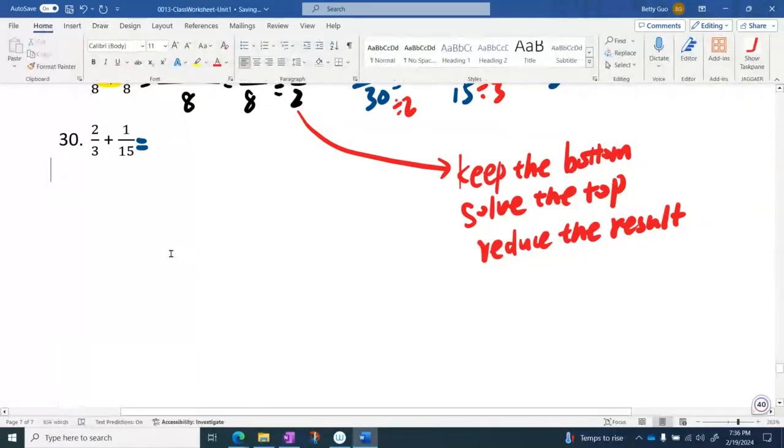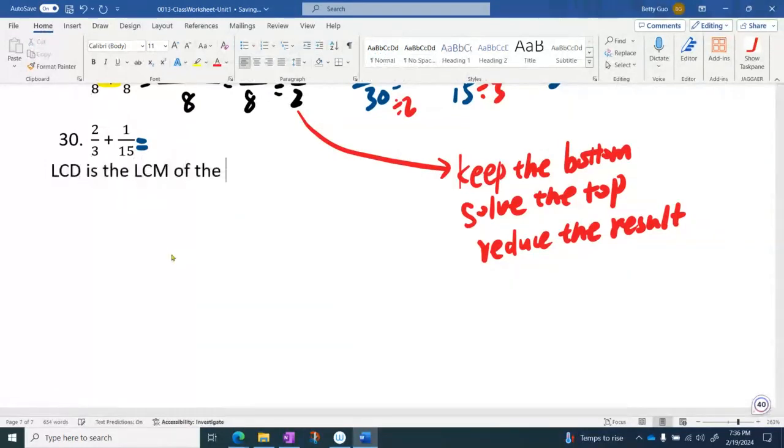LCD is the LCM of the denominators. Okay, yeah. LCD is the LCM of the denominators. So we have 2 fractions added together.